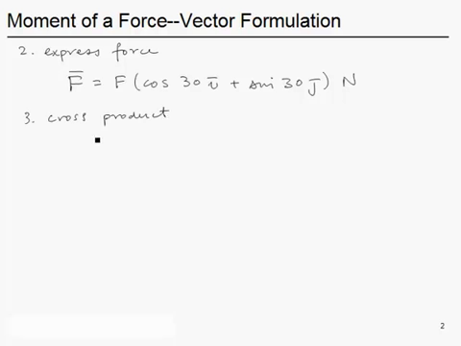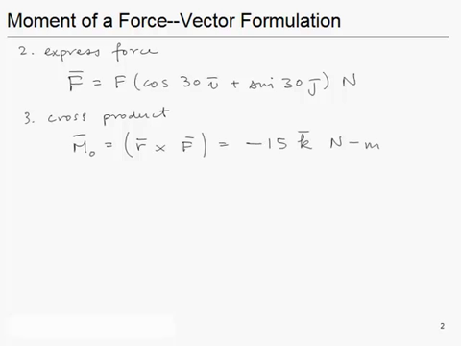Let me start by writing a moment around point O. That is going to be a vector, written as R crossed with F. And we know what we're looking for is for this to come out to be 15 in the K direction. It's going to have units of Newton meters, and because we're told in the problem statement that it's a clockwise moment, we know that for our right-handed coordinate system, clockwise is going to be a negative moment around the k-axis.